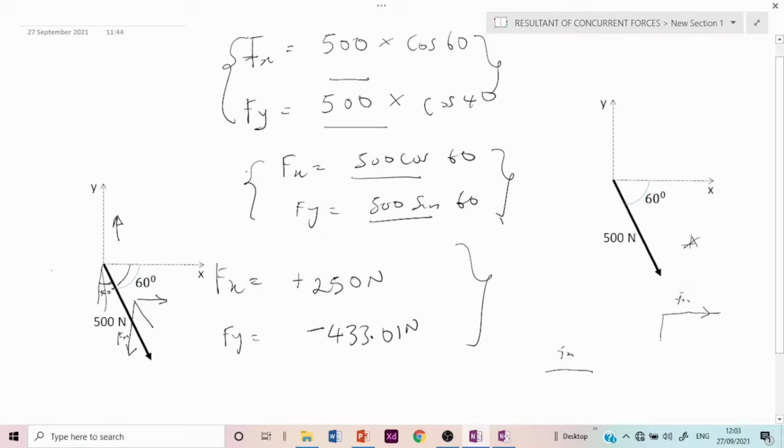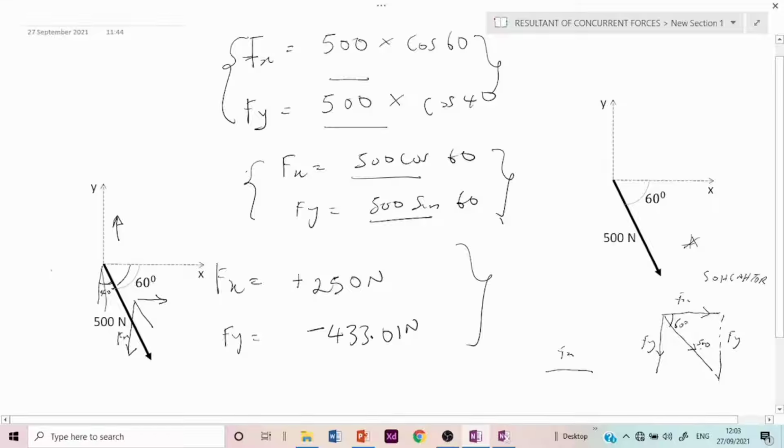resultant, which is the magnitude of force, 500. This side that closes this 500 is equivalent to Fy. Let's not forget that we have our angle, which is 60 degrees, and since our angle is 60 degrees, one can easily state from our basic trig ratios that it is the opposite side over the hypotenuse.